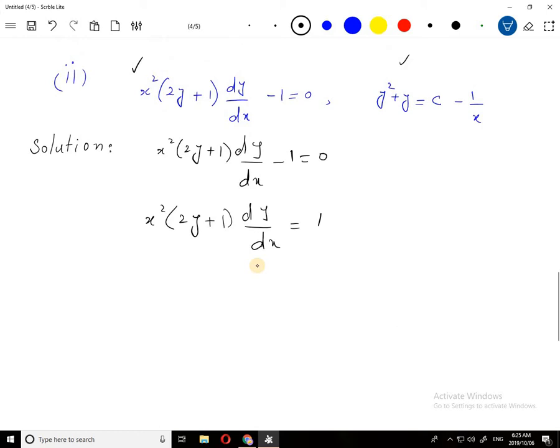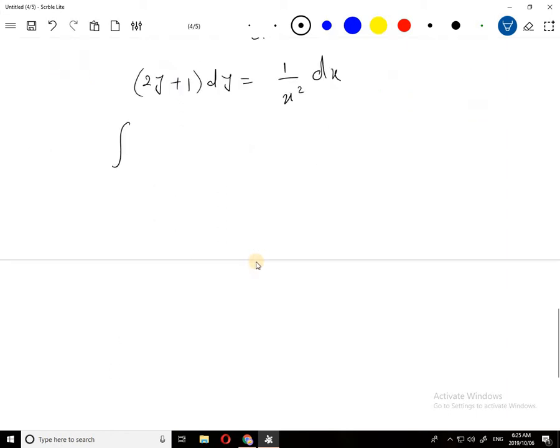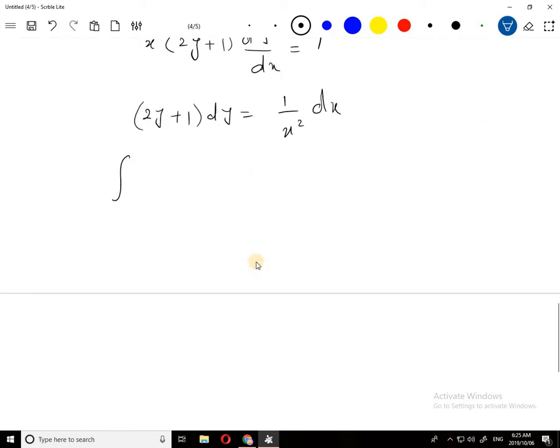Then 2y plus 1 into dy is equal to 1 over x square into dx. Now integrating both sides, I can just integrate on both sides. Take the integration sign, like this, and integrate.